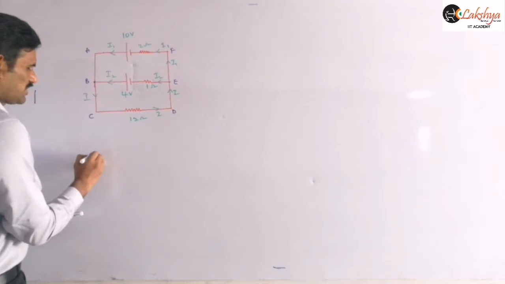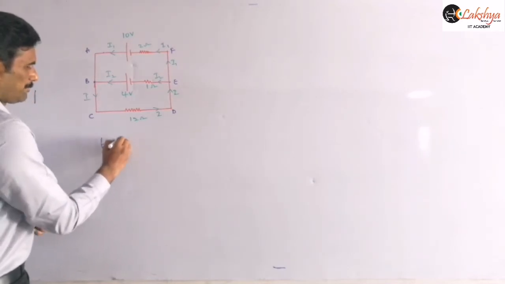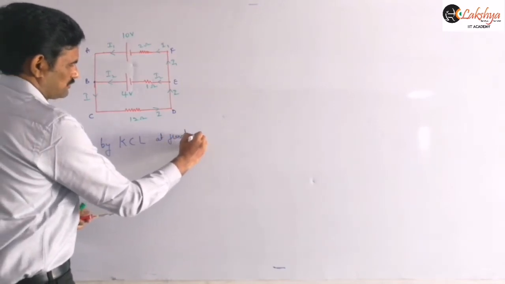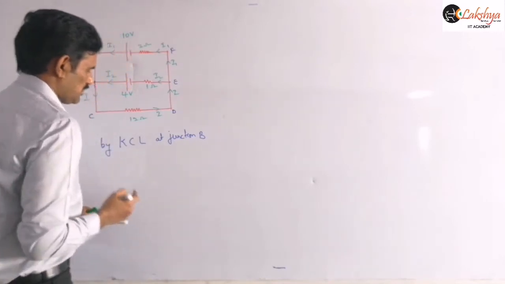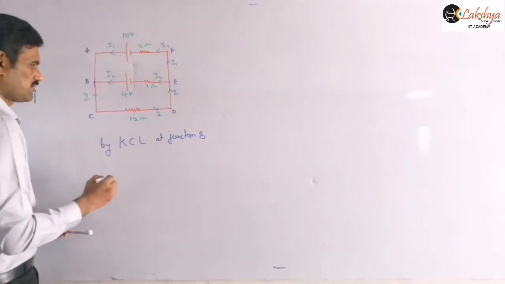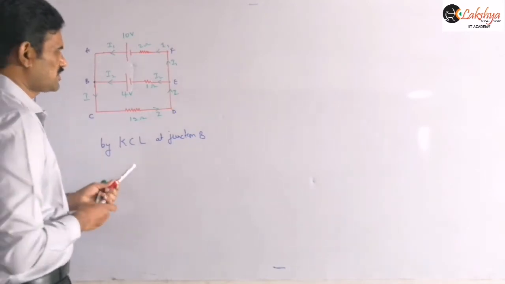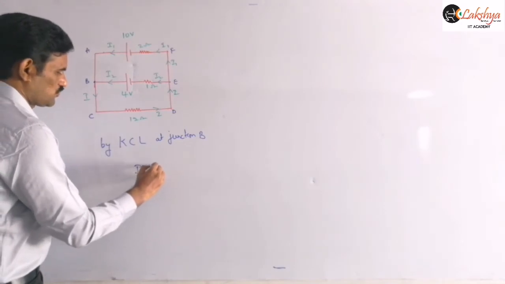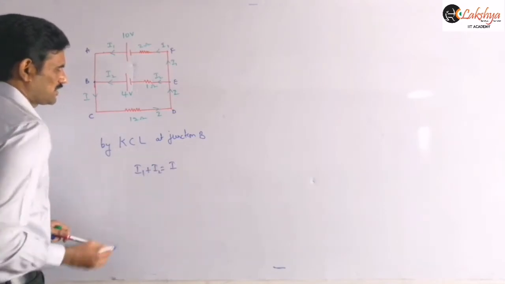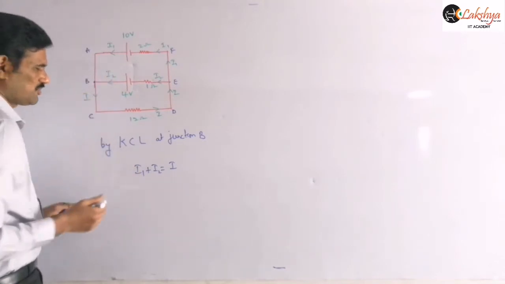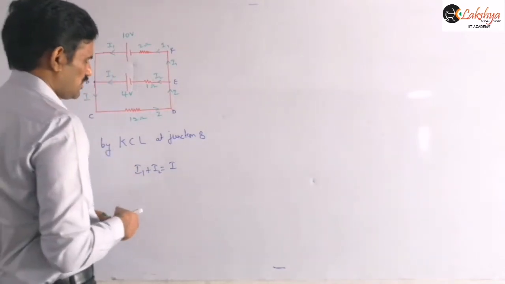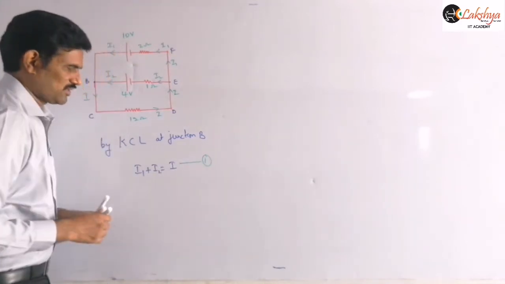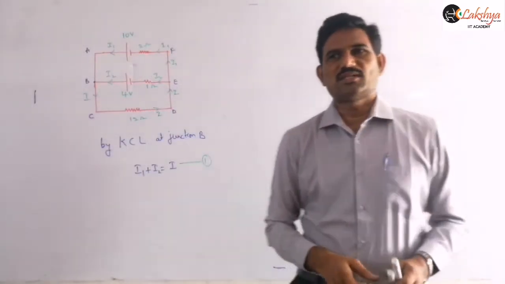Now let us apply KCL at junction B. It means Kirchhoff current law at junction B. So at junction B, if I write, I1 plus I2 is equal to I. The current flowing into the junction, I1 and I2, should be equal to the current flowing out of the junction, right? Let us take this as equation 1. That is simply our Kirchhoff first law, applied at junction B.